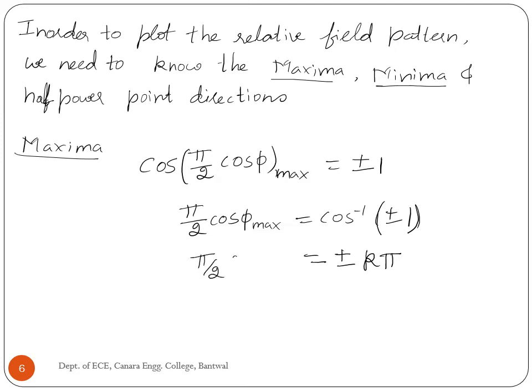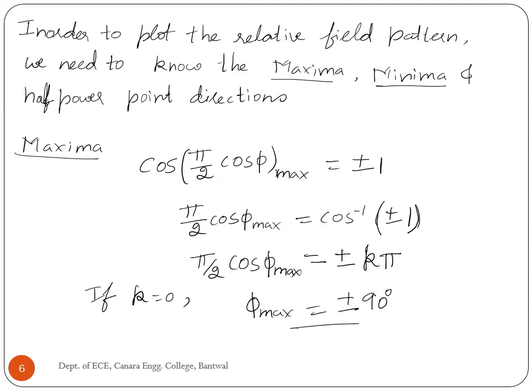Pi by 2 cos phi maximum value is equal to plus or minus k pi. If k equal to 0, phi maximum equal to plus or minus 90 degree.